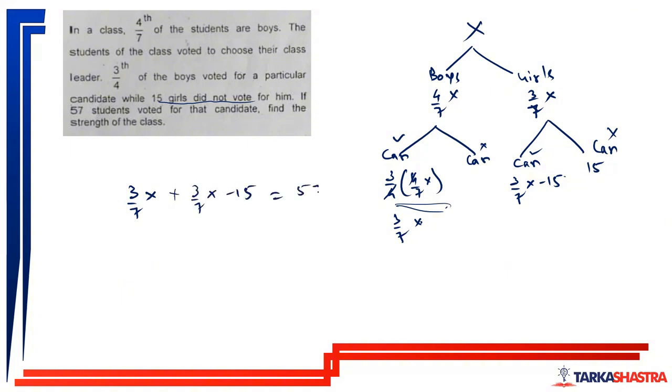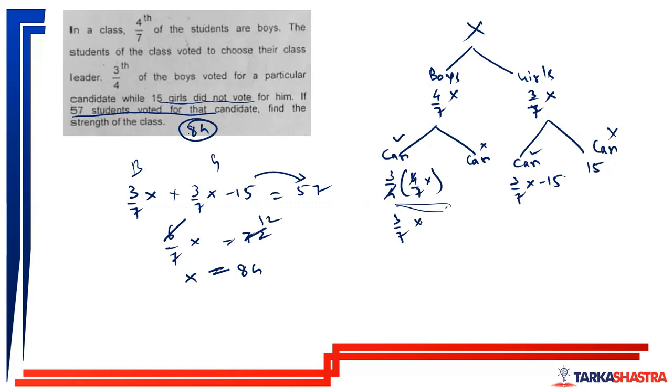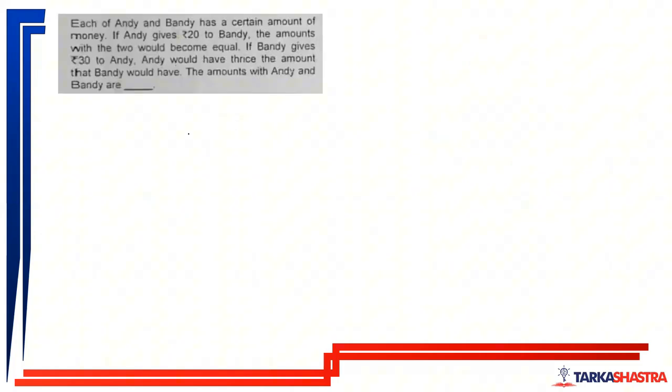Total is equal to 57, if 57 students voted for that candidate. So 6/7 of X, if 15 goes here it will become 72. 6 times 12 is 72, so total students in the class are 84. That is what they are asking. Find the strength of the class: 84. Simple example.